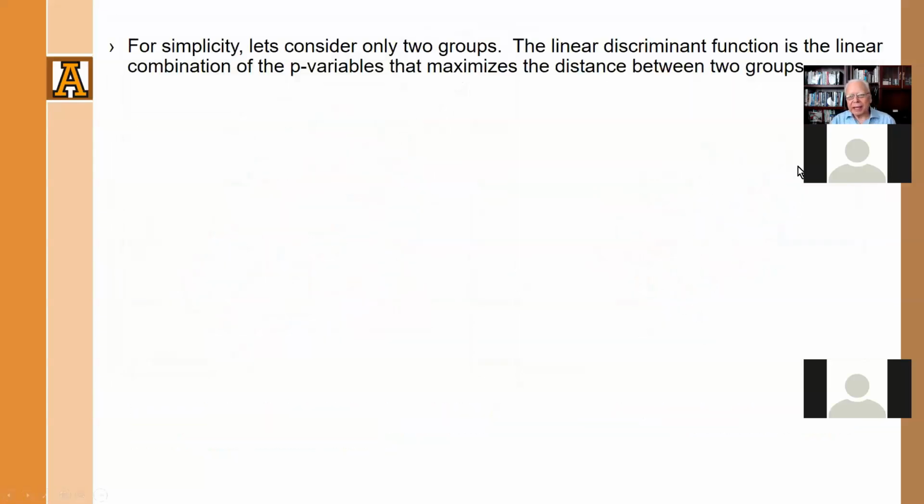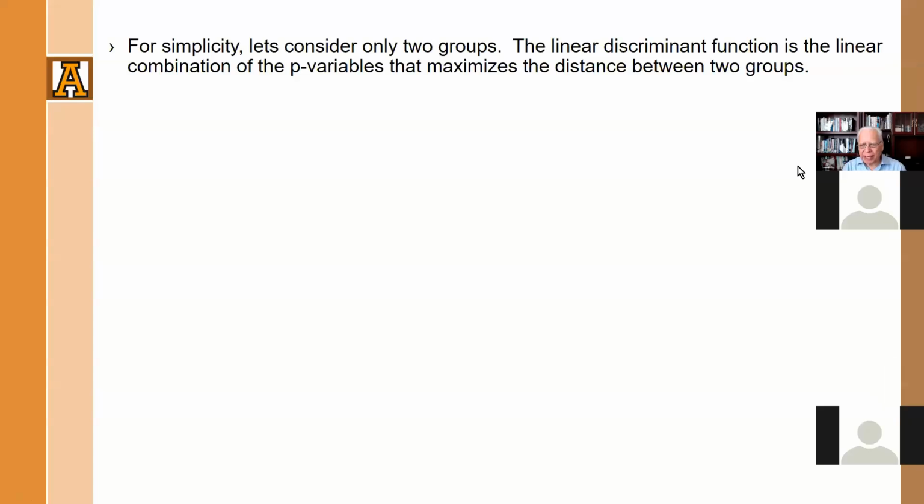Now, for simplicity, let's move to the case where we only have 2 groups. The linear discriminant function is going to be the linear combination of the p variables that maximizes the distance between both groups.